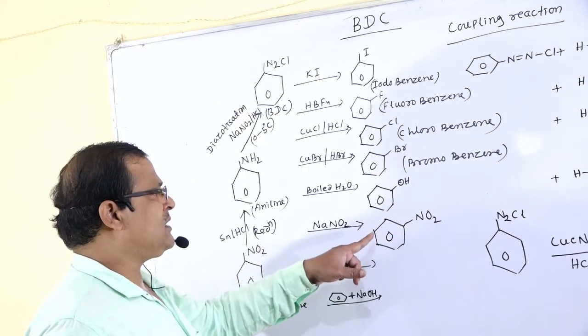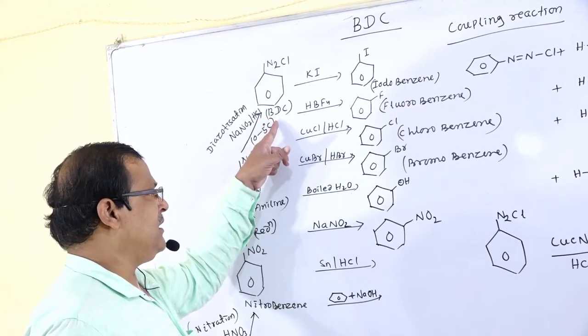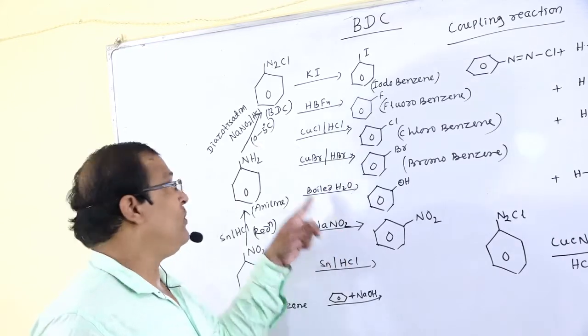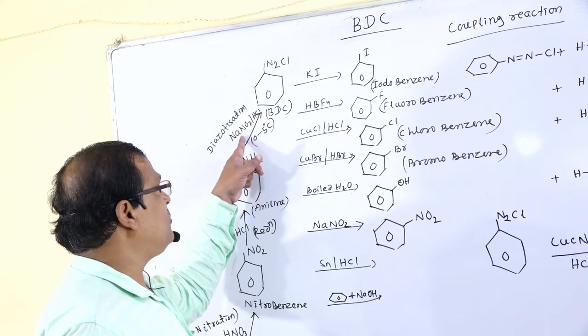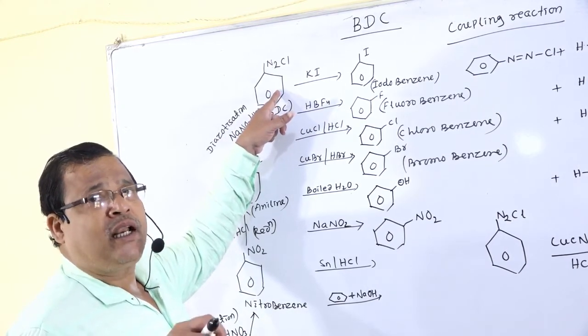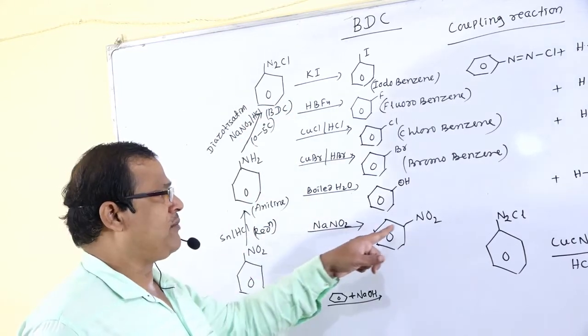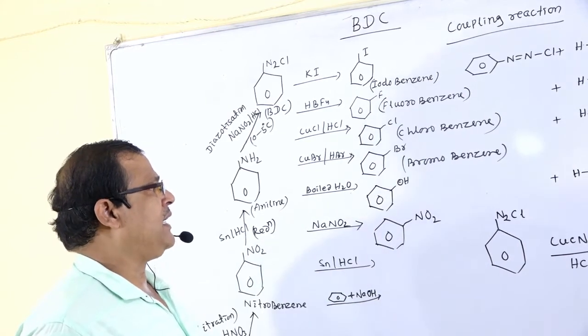We have discussed the precautions for the formation of BDC: excess use of NaNO2 should be avoided. If we use an excess amount of NaNO2, there is the formation of BDC, and immediately after its formation, it again reacts with NaNO2 to form nitrobenzene.